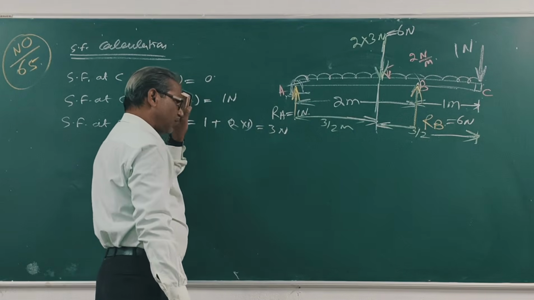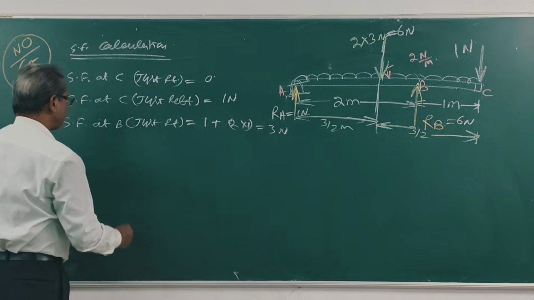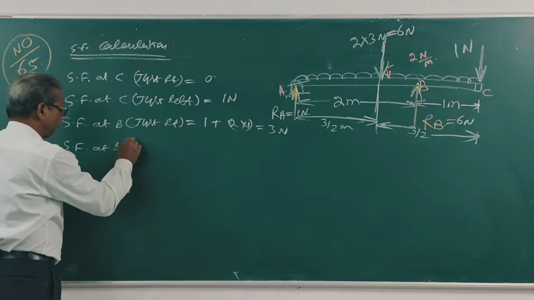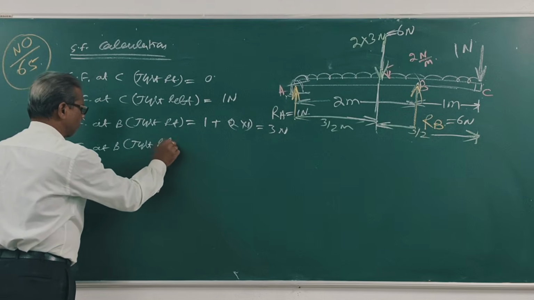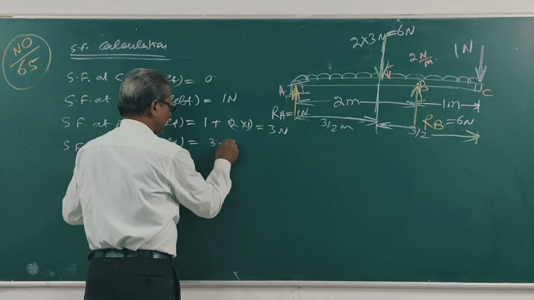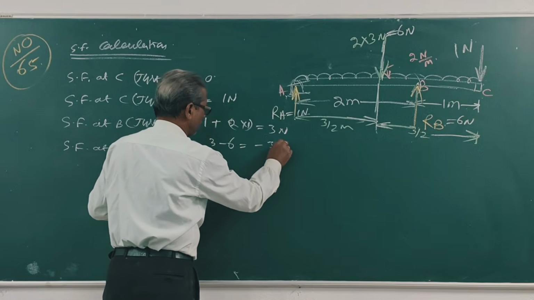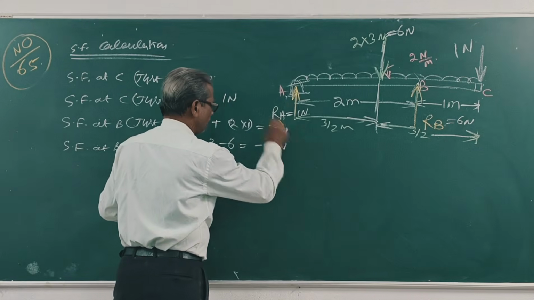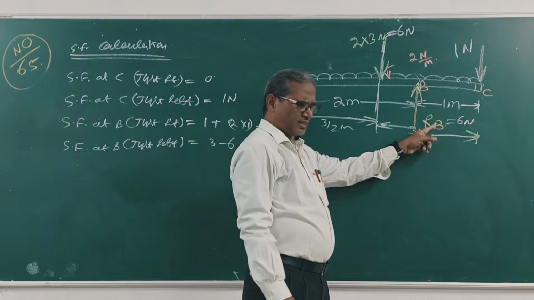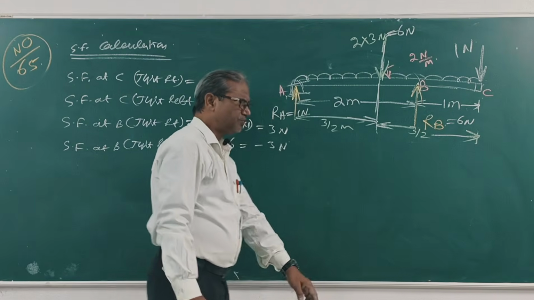Clear? Shear force at B just left: 3 minus RB, 3 minus 6, minus 3 Newton. Clear?